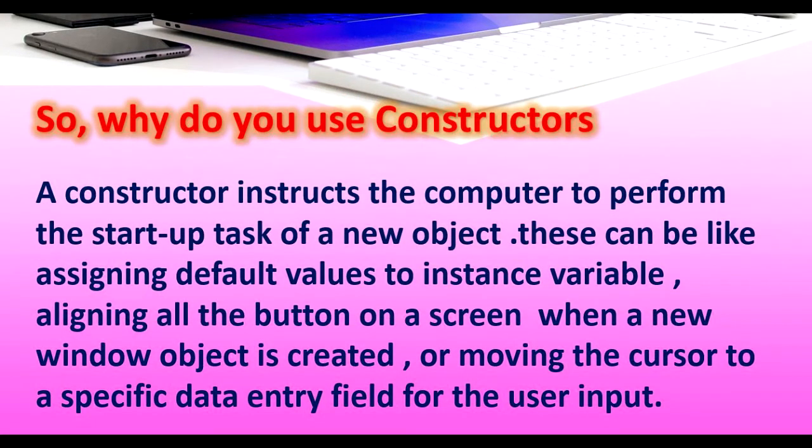So why do we use constructors? A constructor instructs the computer to perform the startup task of a new object. These can be like assigning default values to instance variables, aligning all the buttons on the screen when a new window object is created, or moving the cursor to the specific data entry field for the user input.